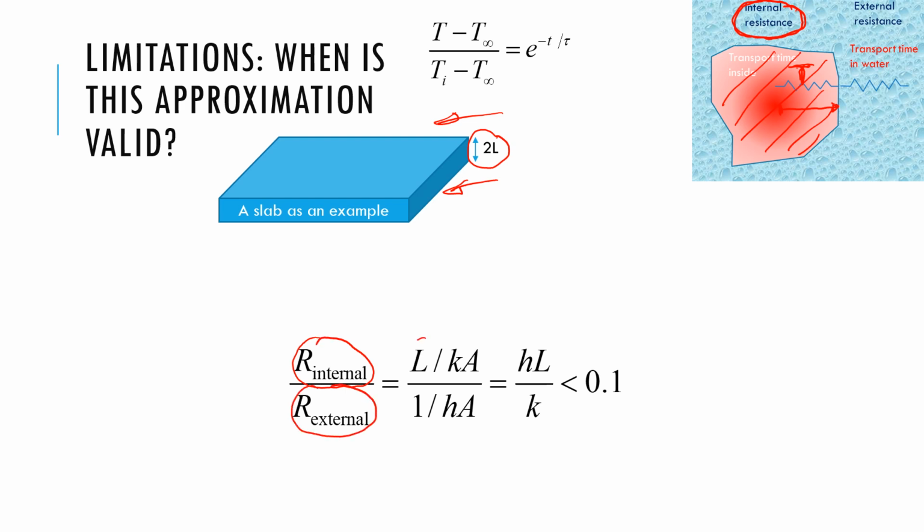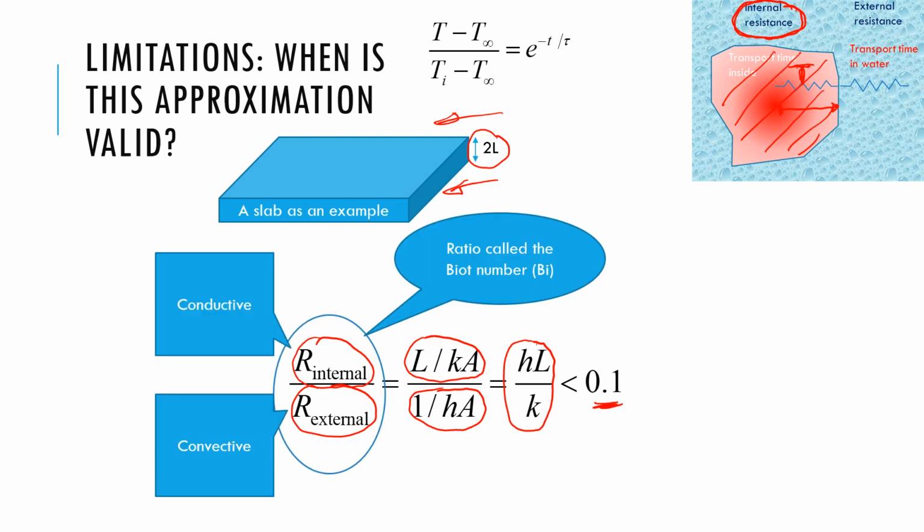For a slab, the internal resistance is L over kA, and external resistance, convective resistance, is 1 over hA. That gives us hL over k. That has to be small. So it turns out that if that is less than 0.1, then you can think of it as small.